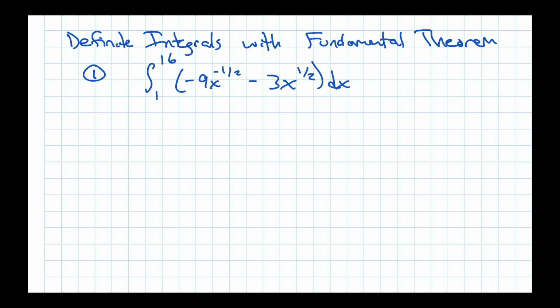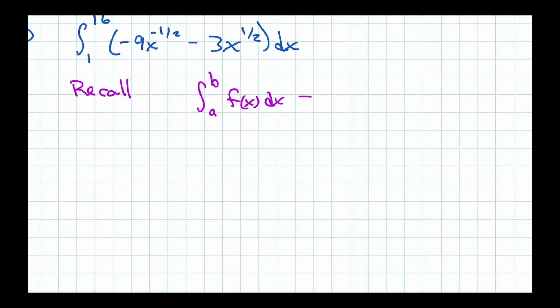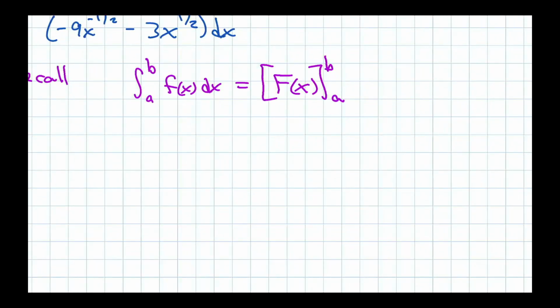So what do you need to know for this topic? Before we do this question, recall that the definite integral from a to b of f of x dx is going to be capital F of x evaluated between a and b, which means you plug b into the capital F, plug a into the capital F, and subtract.